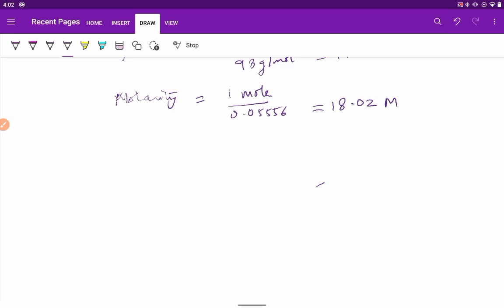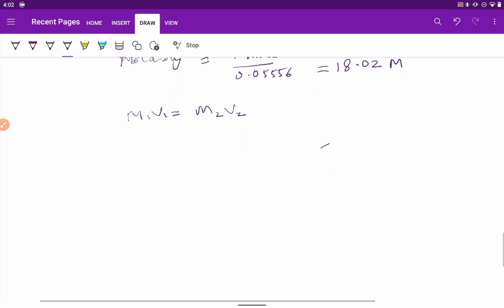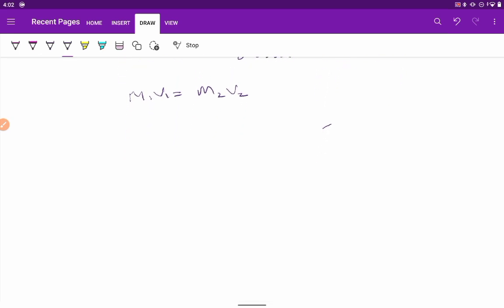Now we will use the relationship M1V1 equal to M2V2. There is a relation between M1V1 and M2V2. So here M1 is, just now we got 18.02.